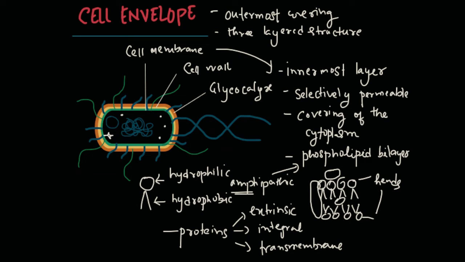These are the three types of proteins that can be part of the plasma membrane. And this model of plasma membrane was proposed by Singer and Nicholson, and this is known as the fluid mosaic model.